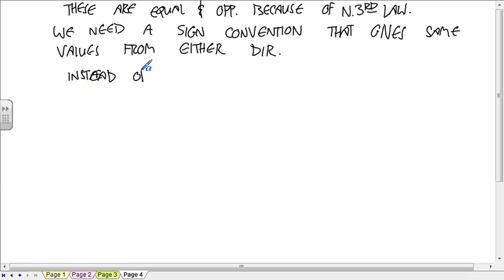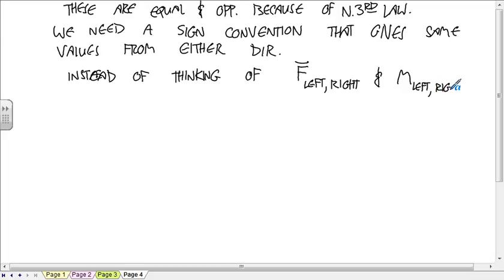instead of thinking of the force on the left by the right, and the couple on the left side by the right side, or the other way, the force on the right by the left and the couple on the right by the left, we're going to think about cutting out an infinitesimal sliver, okay?